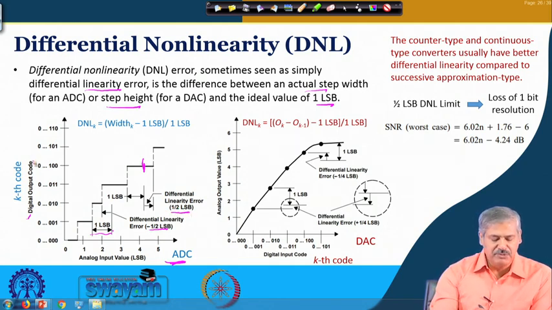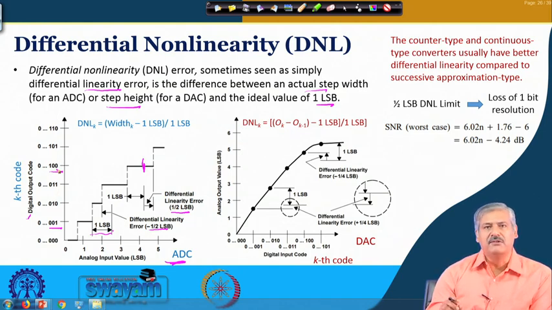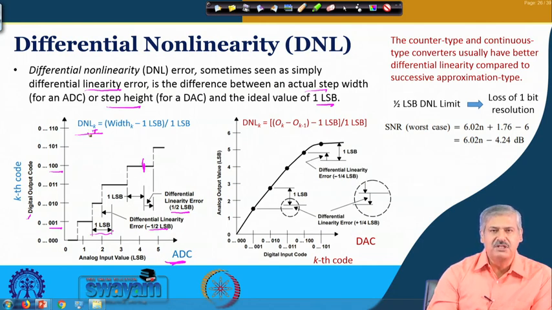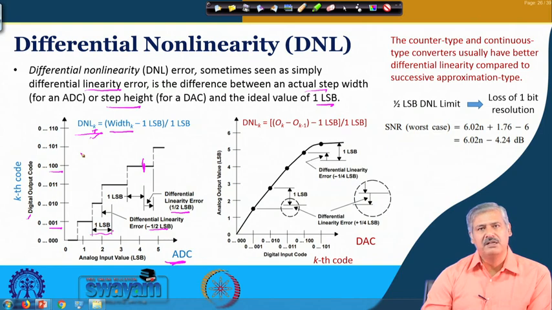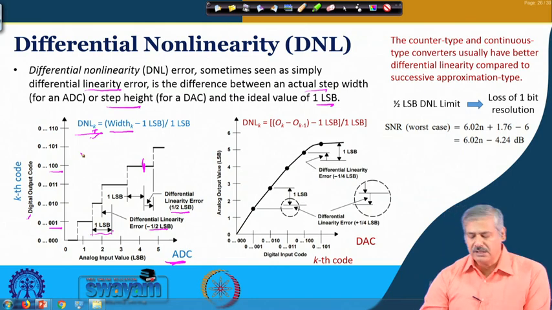For each of these codes being generated, say 001 or 100, you can have a certain DNL value. This DNL is associated with the code K. It is given by the width of K, the actual width, minus 1 LSB, divided by 1 LSB width. That is how DNL for the kth code is defined for an ADC.